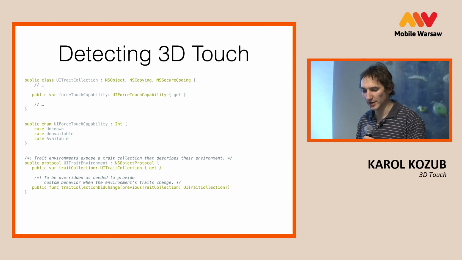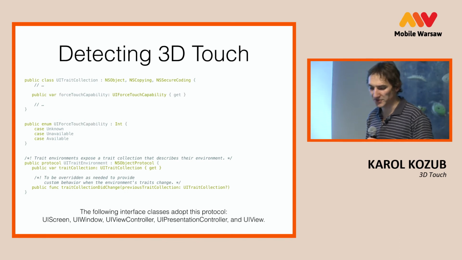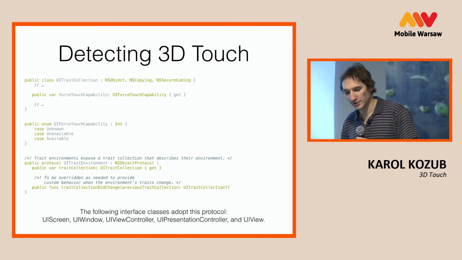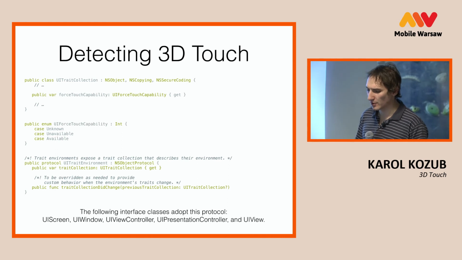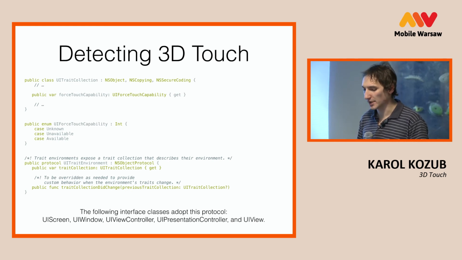The UI trait environment protocol is adopted by UI screen, UI window, UI view controller, UI presentation controller, and UI view. So in practically all the classes in UIKit that could use this, you already have it.